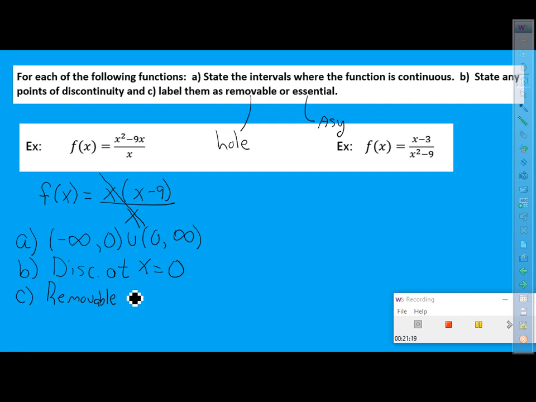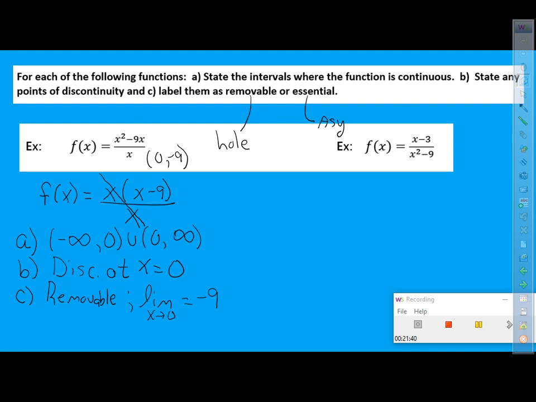To go a step further, I'm going to plug 0 into what's left. I'm going to tell you the limit as x approaches 0 is going to be negative 9. That also means there's a hole at 0, negative 9.